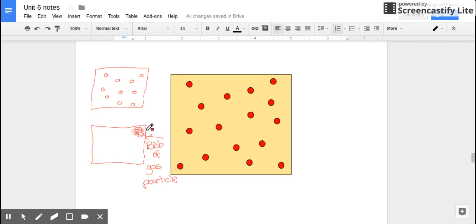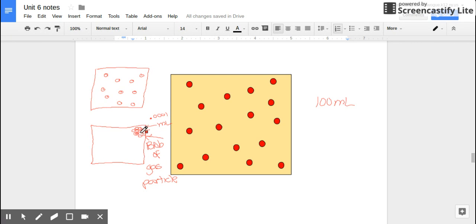So this is the entire container, and let's say the volume is 100 milliliters. We'll just make that number up. We'll say that this entire gray square had a volume of 100 milliliters, and if the gas was left to its own devices, it would fill the entire 100 milliliters. But if I squished all the actual gas particles down so that they were all up against one another, the volume of that blob of gas particles would be maybe 0.0001 milliliters.